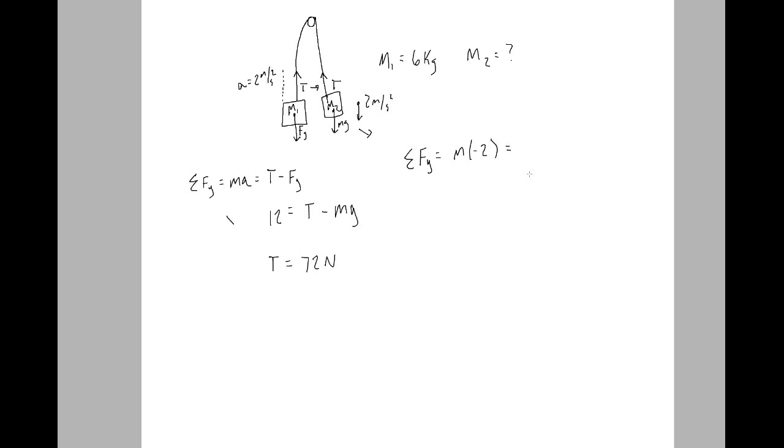And that is going to equal, again, my tension force minus mg. Well, over here I now have negative 12 equals my tension force minus mg. I don't know my mass, but what I do know is that my tension equals 72 newtons.